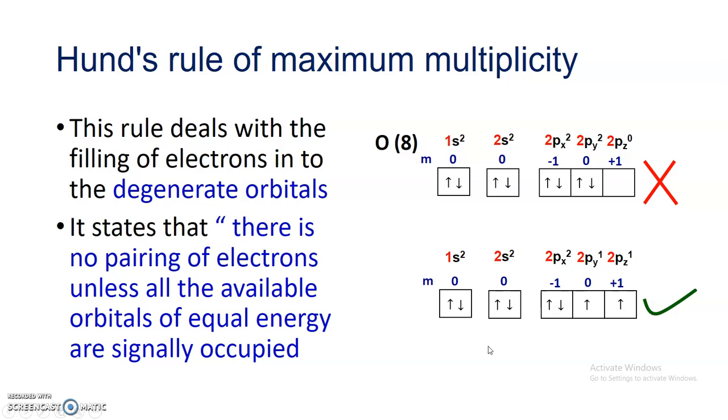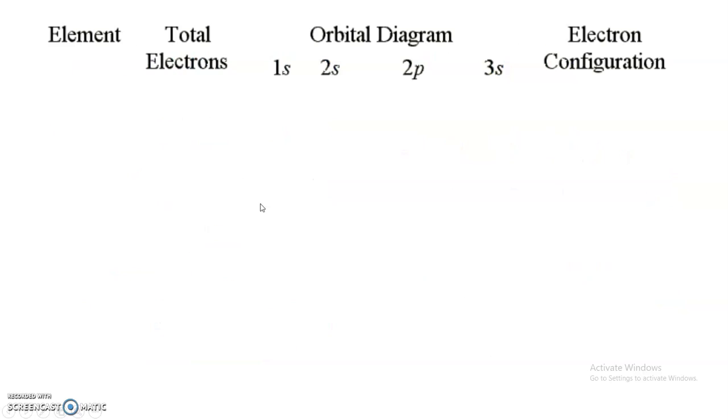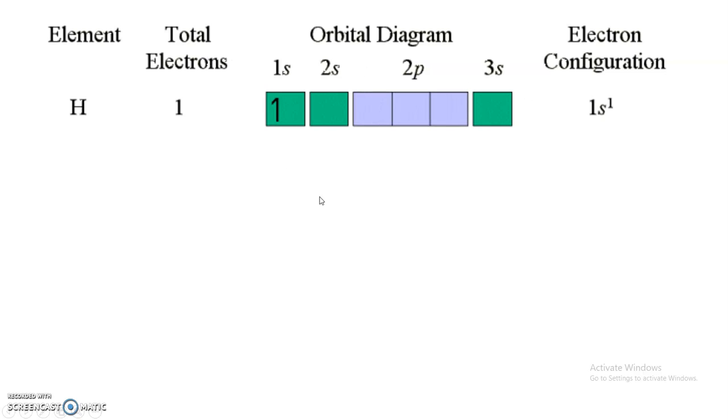Okay, so the second configuration is the correct configuration for oxygen, that is 1s2, 2s2, 2px2, 2py1, 2pz1. Now next we try to write the electronic configuration for some elements. So this is the above order: 1s, 2s, 2p, 3s. Already we discussed how to write this order. For hydrogen, the total number of electrons is 1.